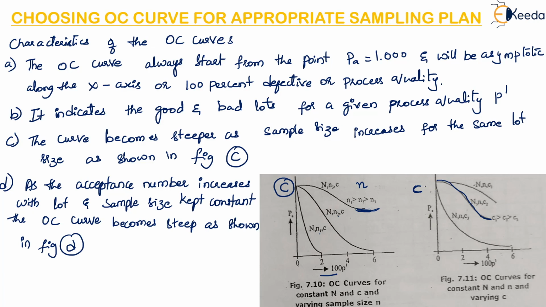A change in the C value will make the operating characteristic curve steep in this way.